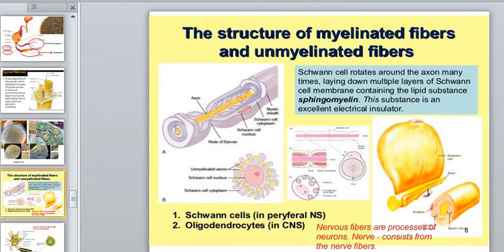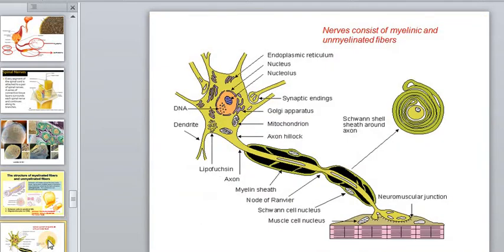Myelin is highly resistant. It performs the isolating function, and you see the gap between two segments of Schwann cells, called the node of Ranvier. Maybe the next slide is better. You see this is the body of a Schwann cell, and this is the node of Ranvier.